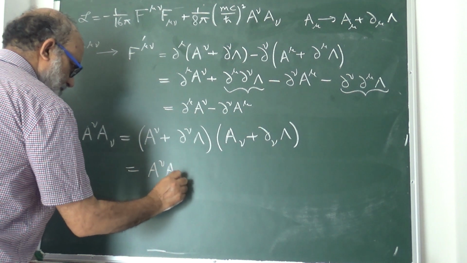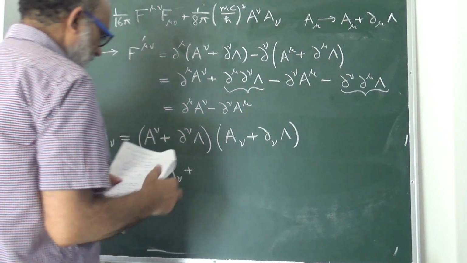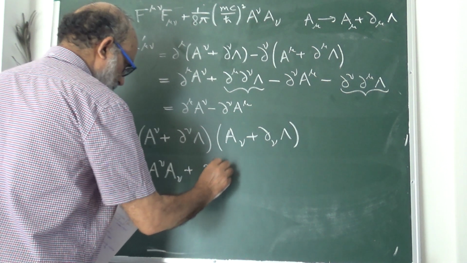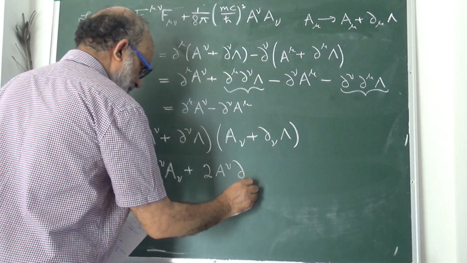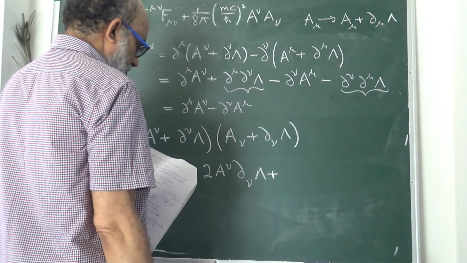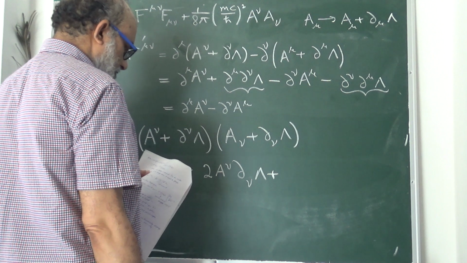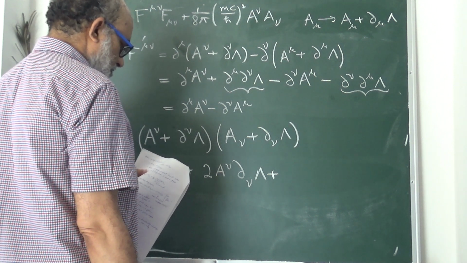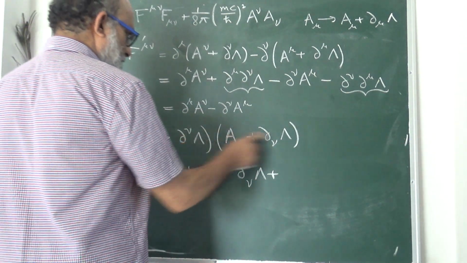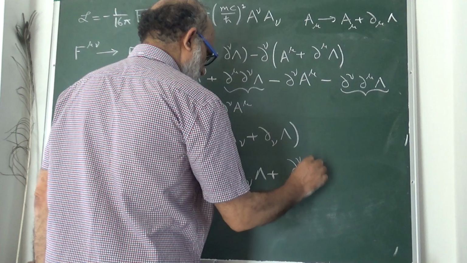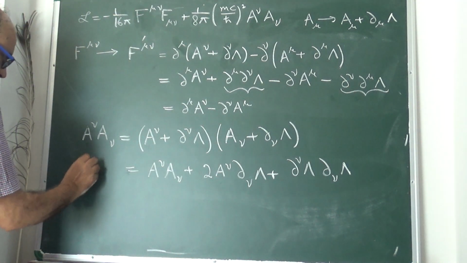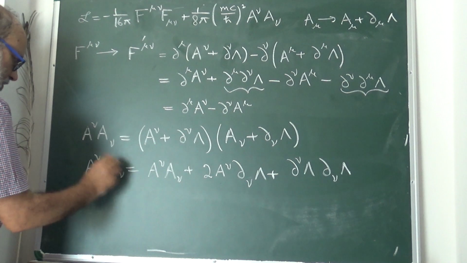Open the bracket and you will get 2 times A nu del nu lambda plus the square of del nu lambda. So A is not invariant.